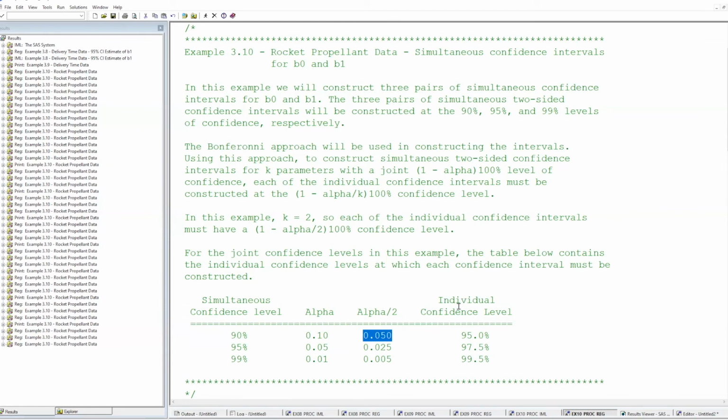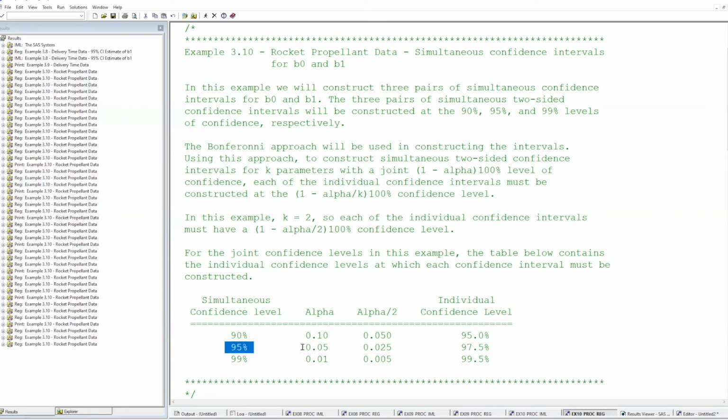And so the individual confidence level for each of the 2 confidence intervals must be 95%. And if we do that, then we will have simultaneous confidence intervals with a simultaneous confidence level of 90%.